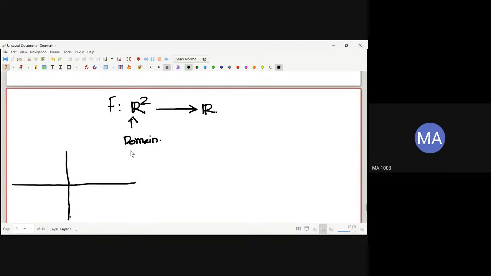So my f takes this plane to some line. This line is R, and this is my codomain.